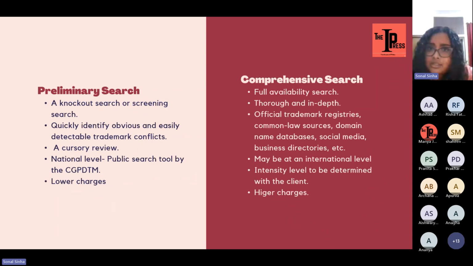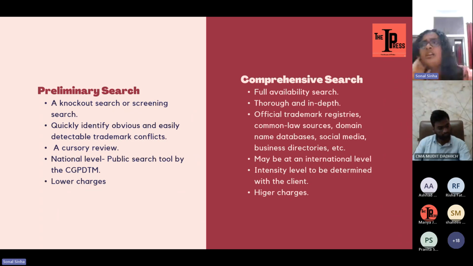If they're launching internationally, then definitely international search engines. And if they're going to have an online business, then obviously it's prudent to do a domain name search as well, and social media. And then business directories, which mostly consist of websites like Just Dial, Desert Cart, and similar websites.